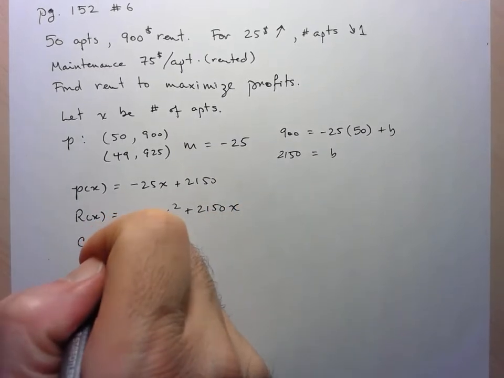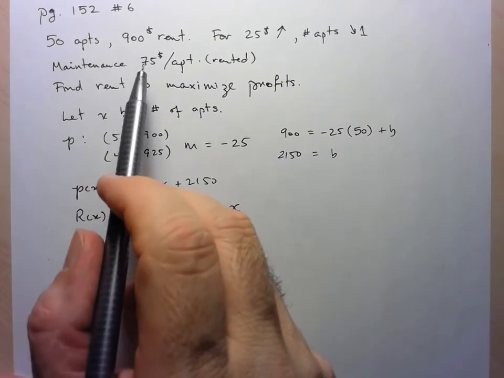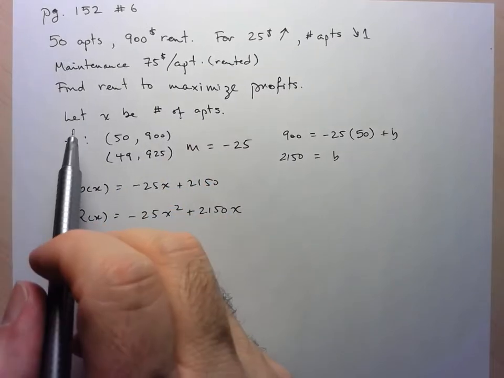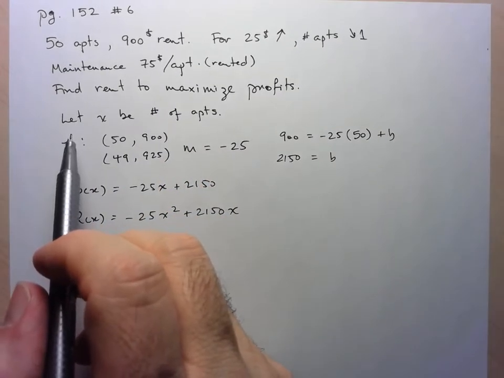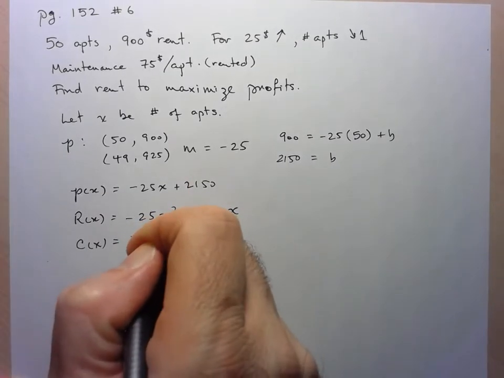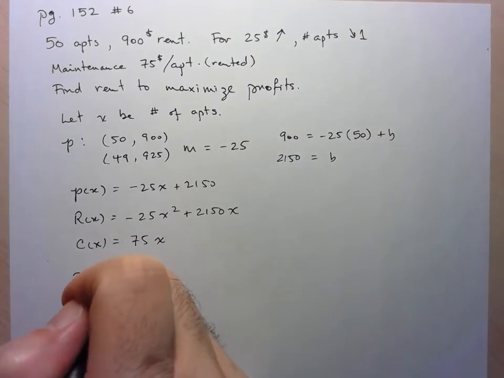And my cost function: again, we're going to make the assumption that the maintenance is $75 per rented apartment. If no one's living in the apartment, I guess there's no maintenance to do there. So this is going to be $75 times the number of apartments that are rented. Now we can build our profit function.